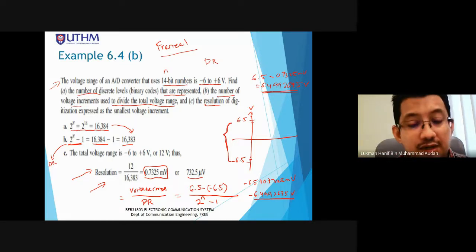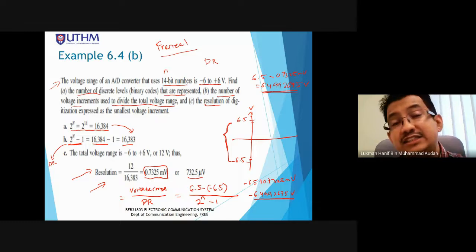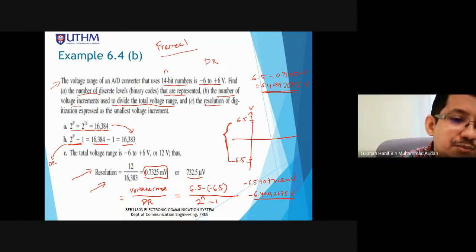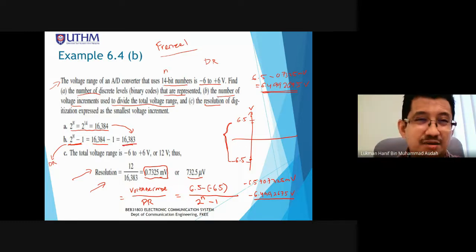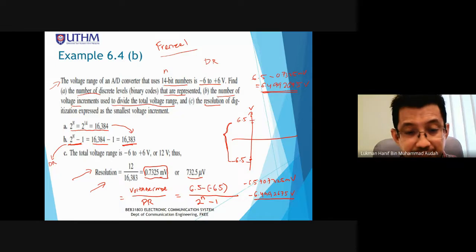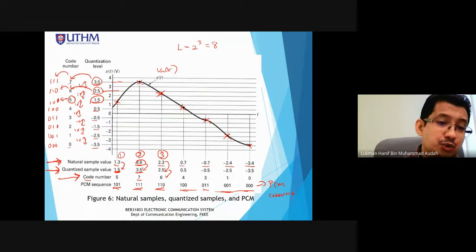Kalau tak silap saya dalam last semester pernah ditanya. Tapi level tu tak sampai 16,000, banyak sangat. Mungkin ada 4 atau 8, kita kena tentukan berapakah quantization level in voltage.